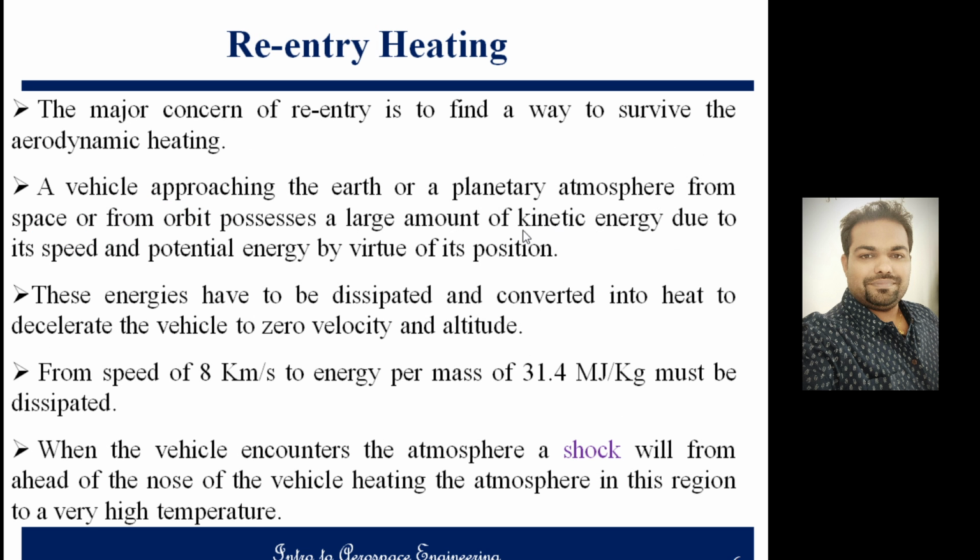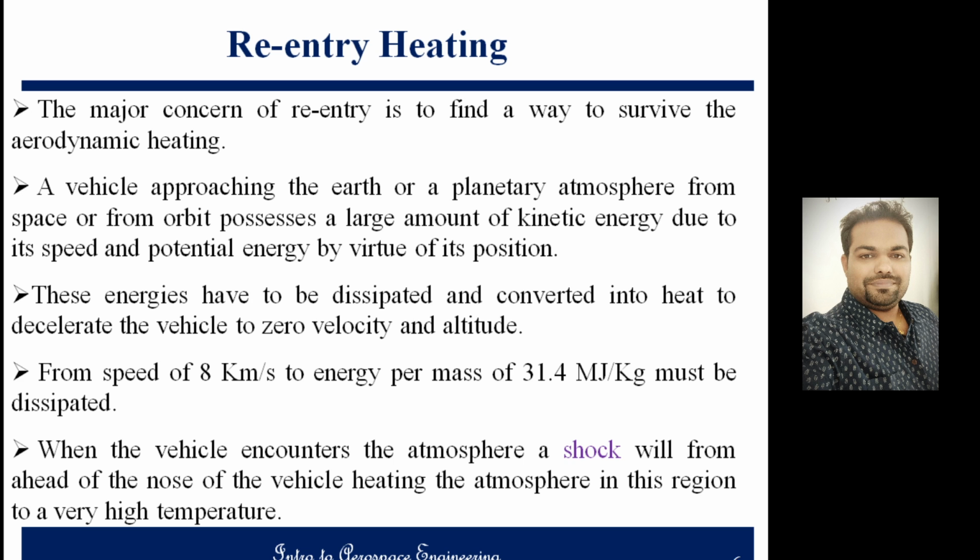Now, when we talk about re-entry heating, this is the major concern of space vehicles when they are entering into the Earth atmosphere, and how to survive that is a big challenge. A vehicle approaching the Earth or a planetary atmosphere from space or from orbit possesses a large amount of kinetic energy due to its speed and potential energy by virtue of its position.